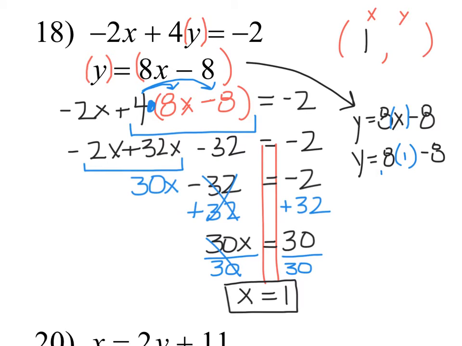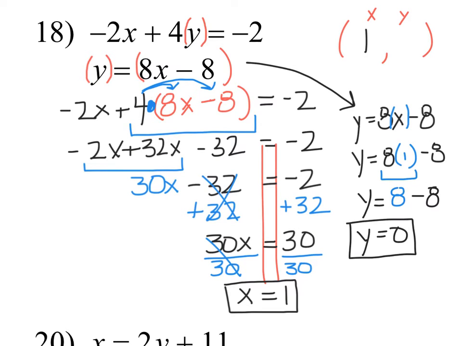If you want to be very careful, you can also write out the steps and say that 8 times 1 is 8. So y is equal to 8 minus 8. And y is equal to 0 finally. That 0 goes back up in my final answer. And I've just discovered that the two lines represented by the equations to the left cross at point 1, 0.